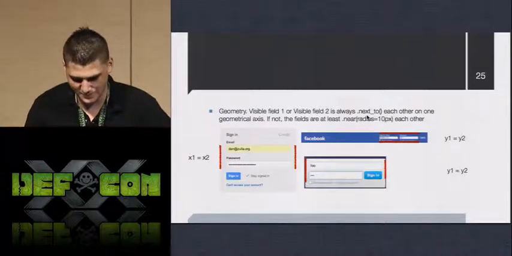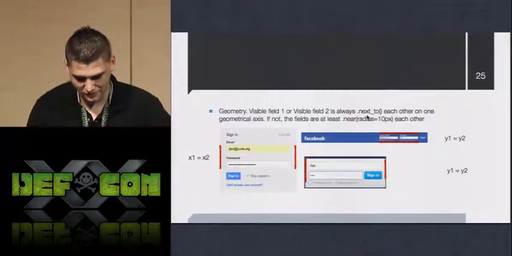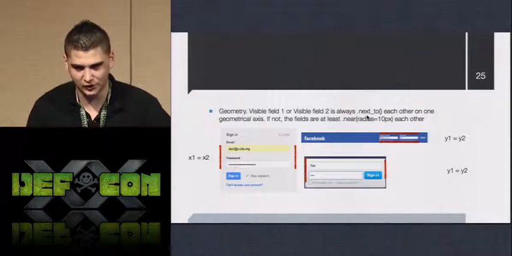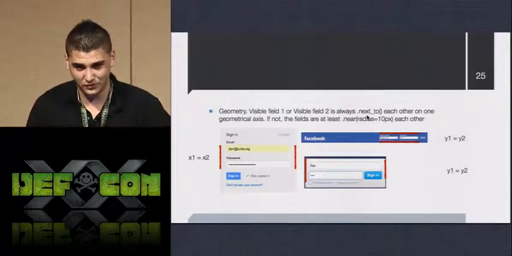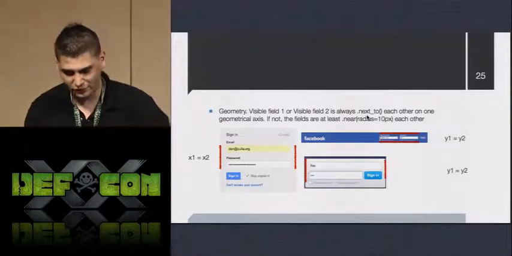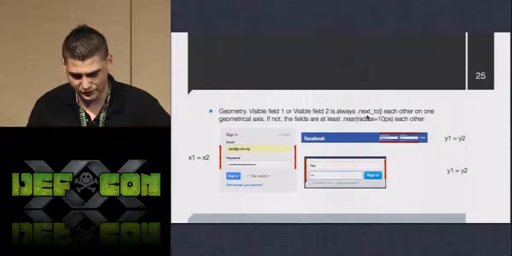And to do that, the text fields are parallel. And that's more or less always the case. So even if the first and the second fingerprint fails, that one is still pretty reliable.